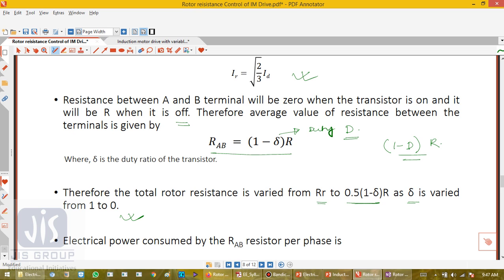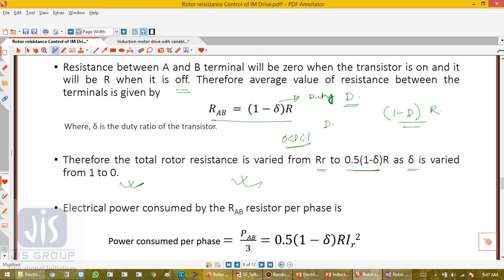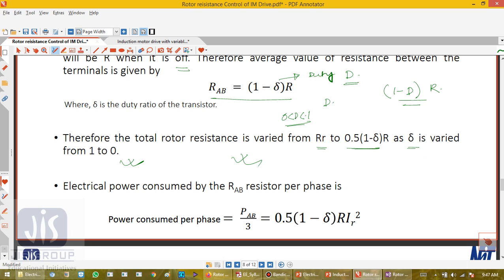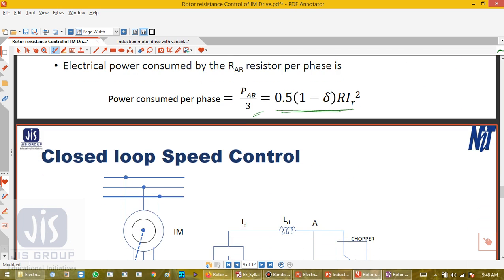You put the value of D here from 1 to 0, and correspondingly we will get the value of R. The electric power consumption in RAB per phase, for 3 phase, is PAB by 3, that is 1 minus delta into IR square. So this is the power consumption.